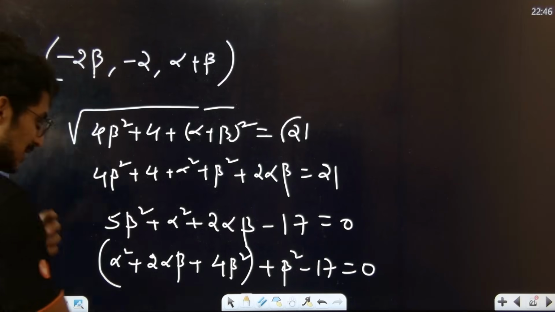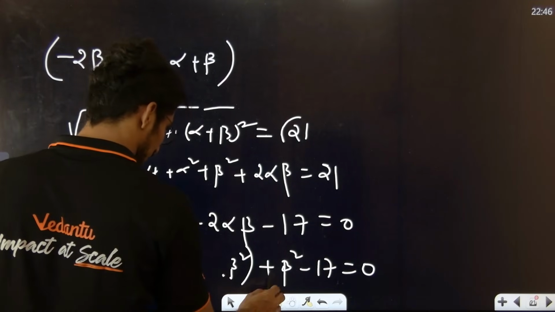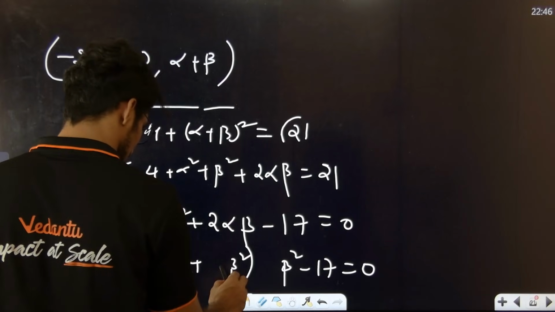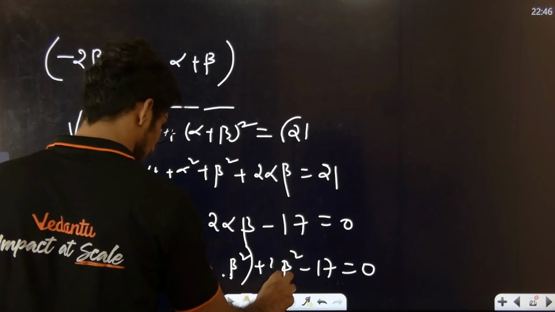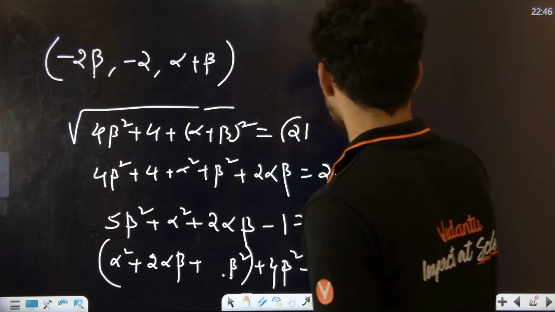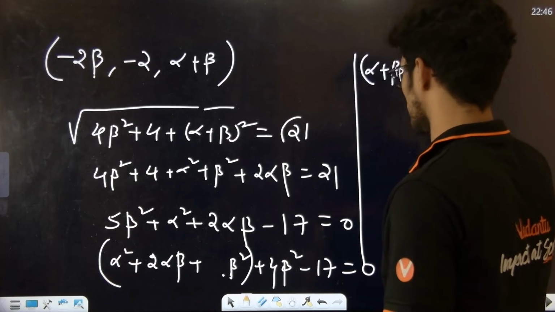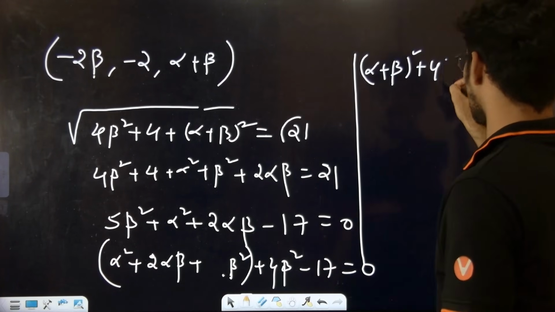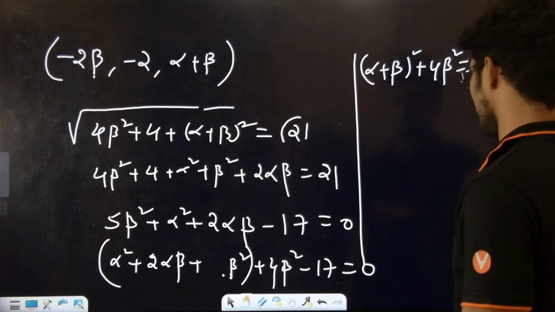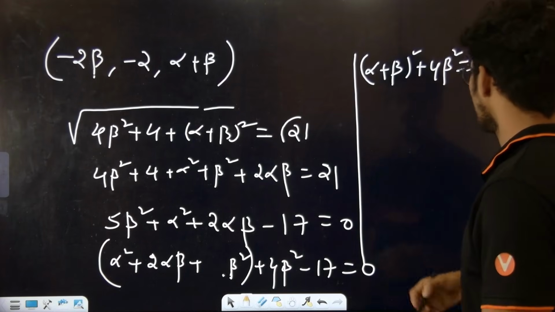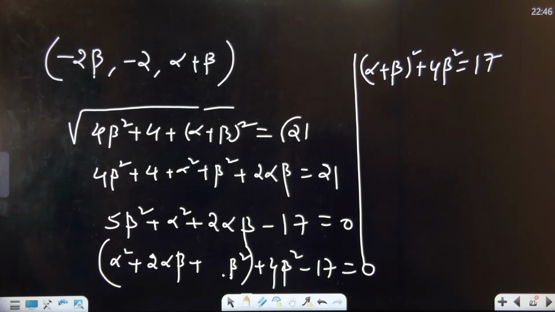Otherwise I'll give 4 here, 4 beta square. So now tell me, can I write this as alpha plus beta whole square plus 4 beta square is equal to 17? Yes or no? Do you agree, people? Any doubts here?